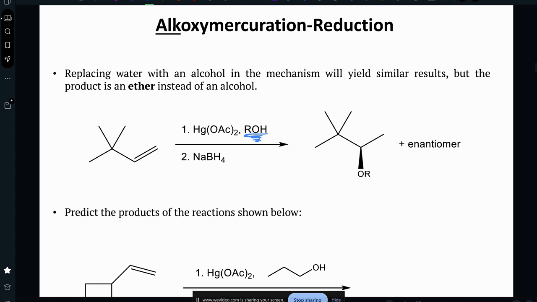Okay. Essentially, the difference is instead of an OH group, now I get an OR group. So I'm making an ether. So in this case, I have an alkene. I'm reacting with an alcohol, and I'm making as a product an ether.